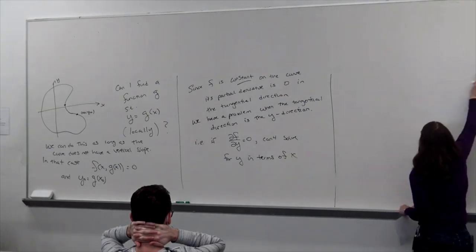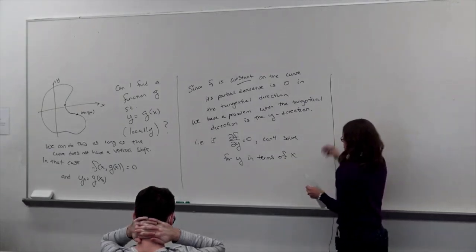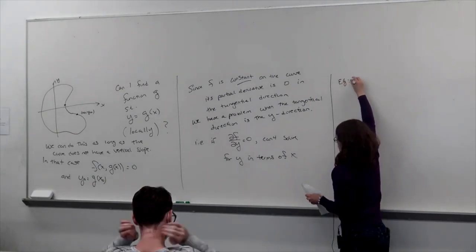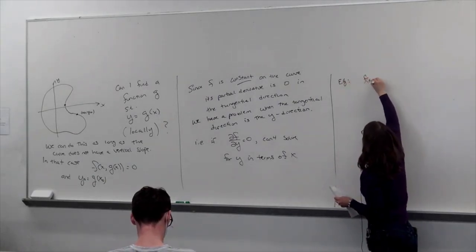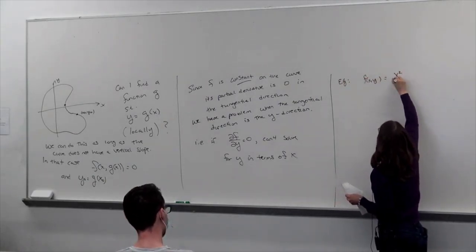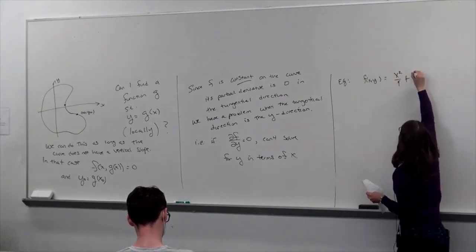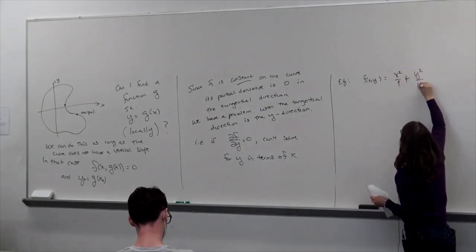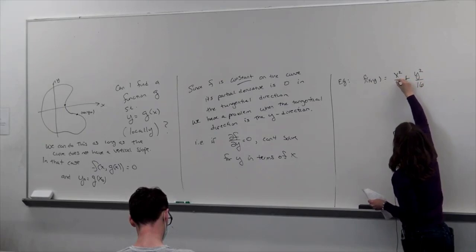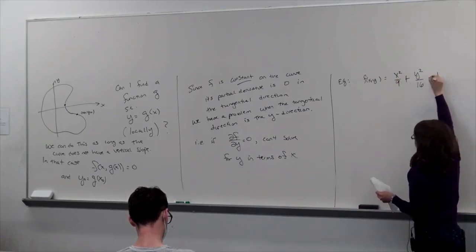Okay, so just to take an easy example: f of x, y equals x squared over 9 plus y squared over 16, minus 1.